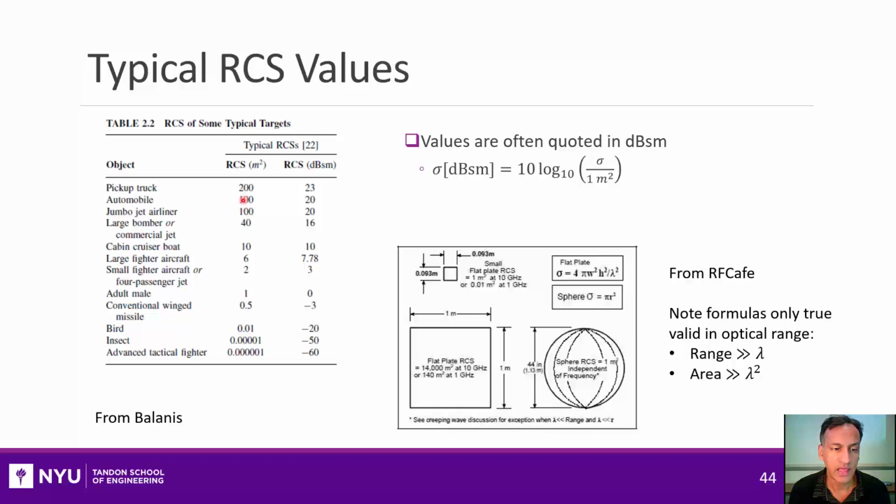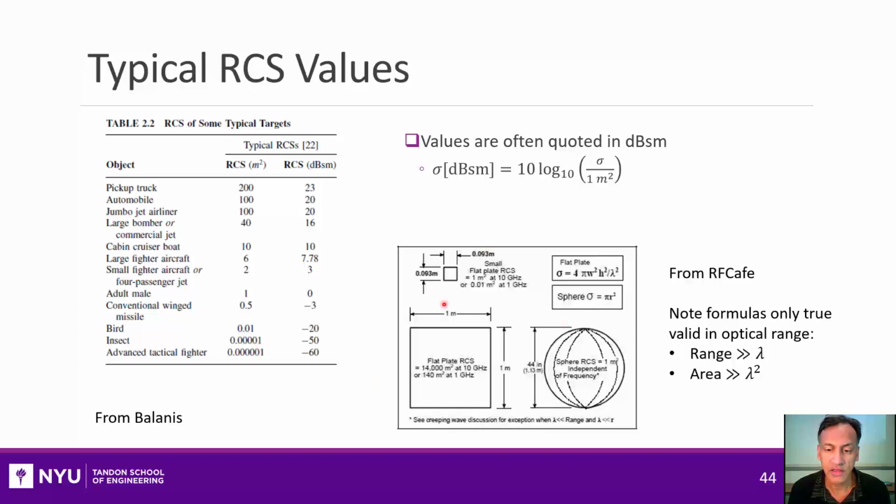And depending on the angle, you see that the automobile is 100 meters squared. Humans become much smaller, down to about 1 meter squared. An insect is maybe about 0.01 meters squared. And tactical fighters, which are designed to try to avoid detection, can have almost negligible radar cross-sections so that they become almost impossible to detect.